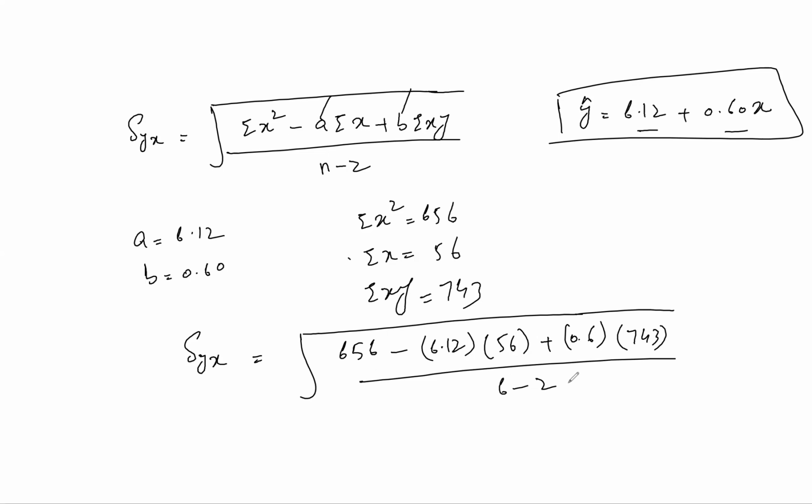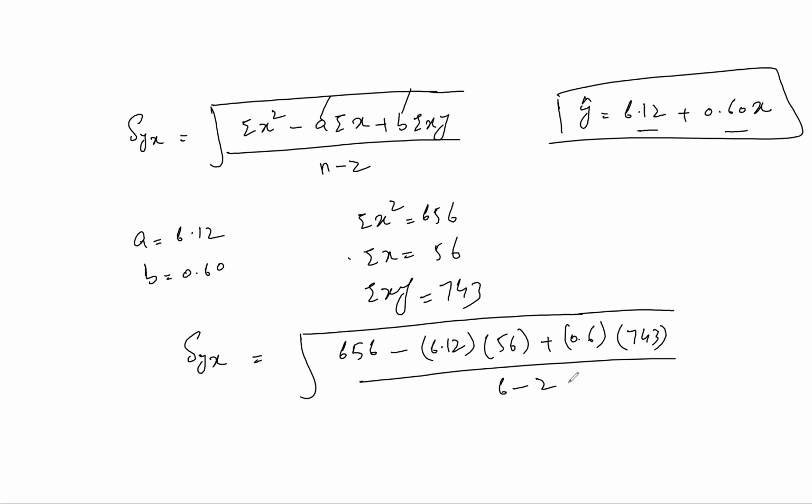Now we solve this. 656 minus 6.12 times 56 equals this. I think we made some mistake.